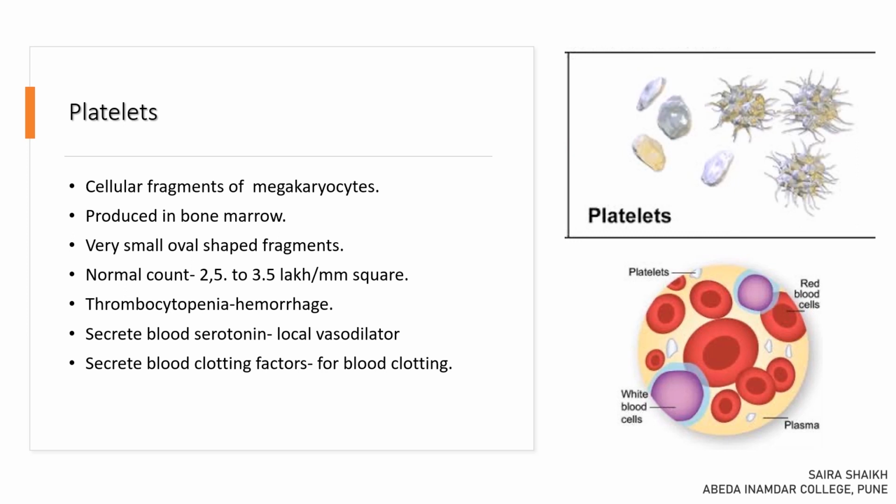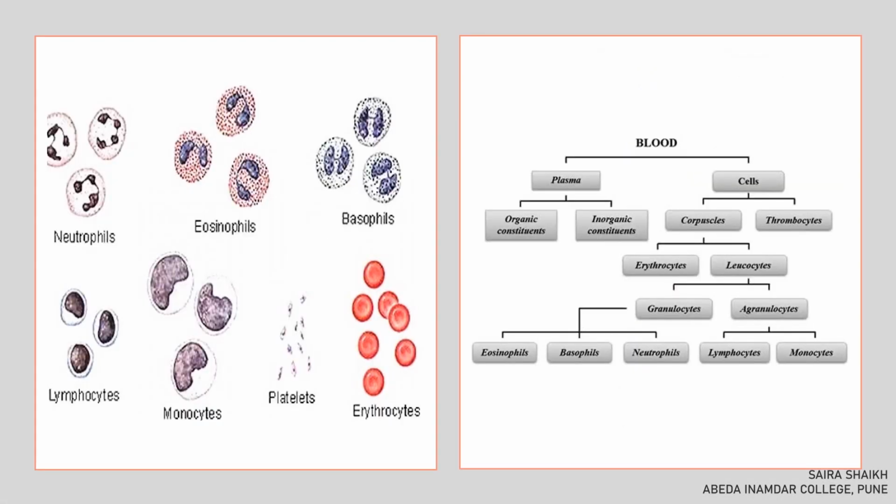Platelets also secrete clotting factors, which are useful for the clotting process, or the coagulation process. Today, we have studied blood constituents, plasma and blood cells. This can be summarized with the help of this flow chart.